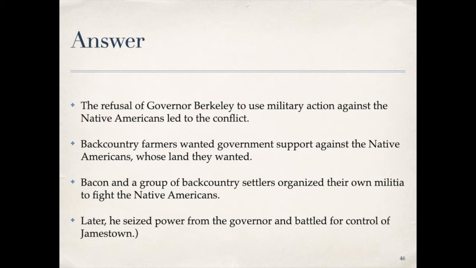Backcountry farmers wanted government support against the Native Americans whose land they wanted. Bacon and a group of backcountry settlers organized their own militia to fight the Native Americans. Later, he seized power from the governor and battled for control of Jamestown.